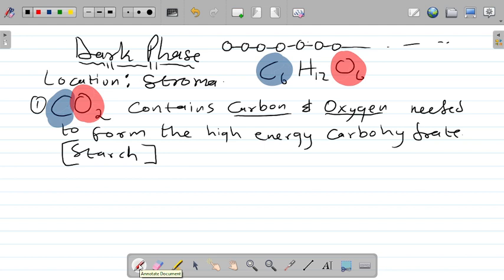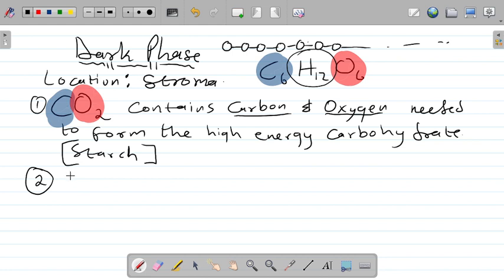Where does the hydrogen to make this C6H12O6 come from? From the light phase. Carried by what? Yes. So the hydrogen from the light phase, carried by a coenzyme, gets to complete our compound, which is glucose.